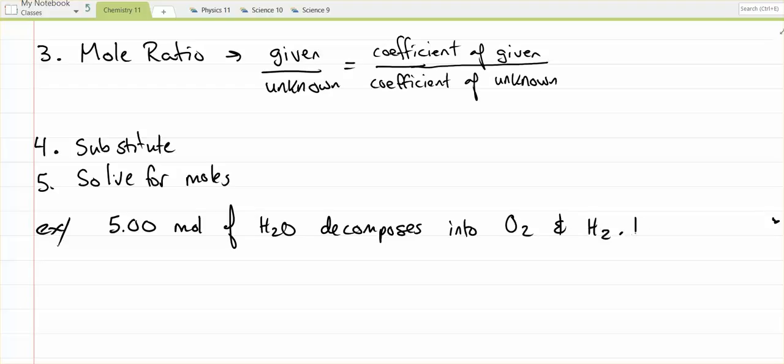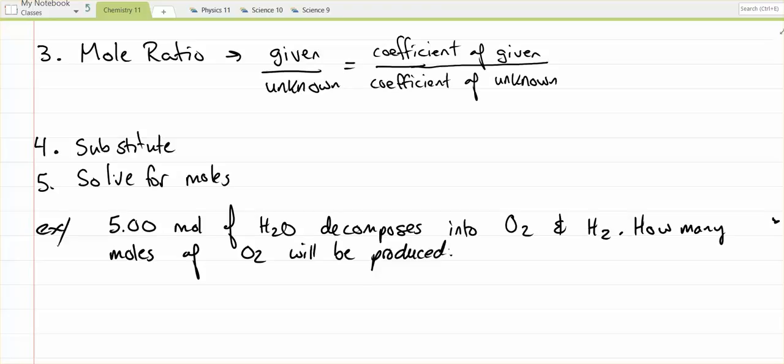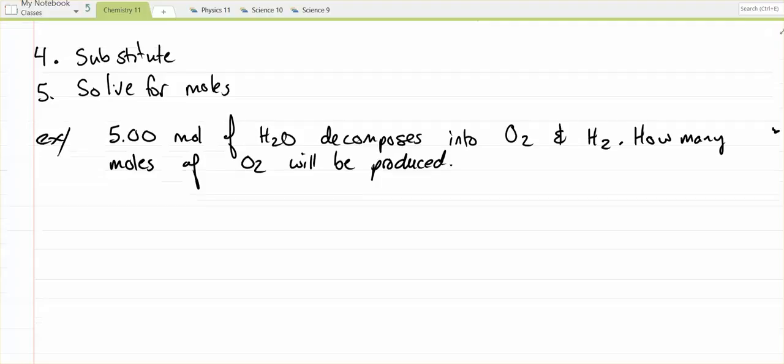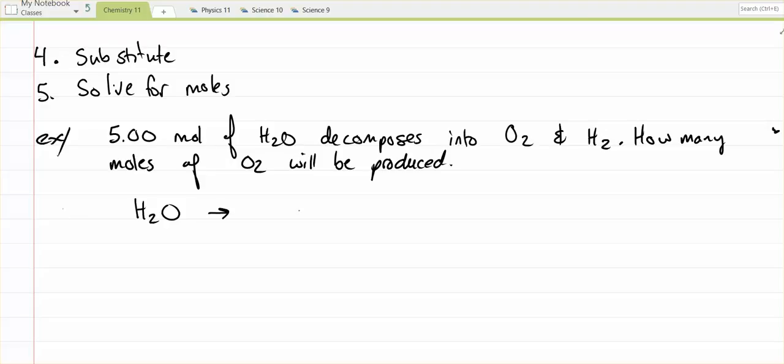My question is, how many moles of O2 will be produced? It's a pretty standard question. We're going to see this H2O decomposition a lot. It's very common. So H2O is going to decompose into H2 and O2.